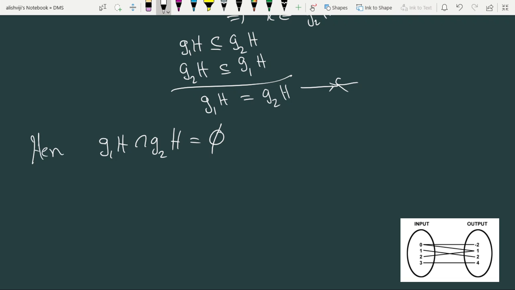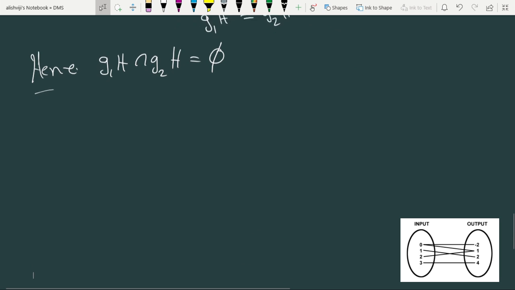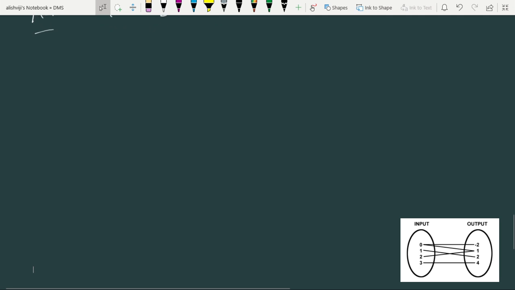So that's our result. If you have two left cosets, then either they are distinct or they are the same coset. So we just rewrite the statement of our last proposition.